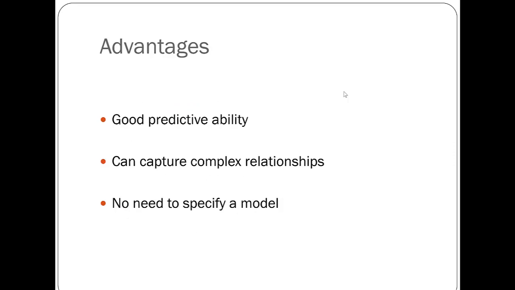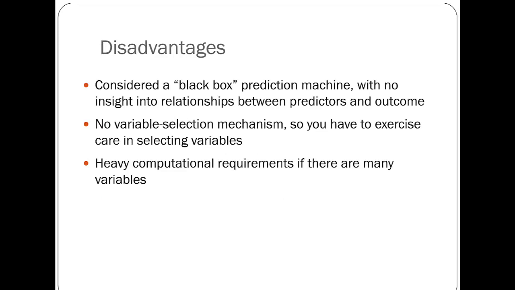The advantages of neural networks are you get good predictive ability. You can also capture very complex relationships, and there's no need to really specify a model other than what the architecture of the network looks like. In other words, how many nodes and layers you have. Disadvantages are, again, this is a black box prediction machine. There's no real insight as to what variables are driving the outcomes, and there's no variable selection mechanism here.